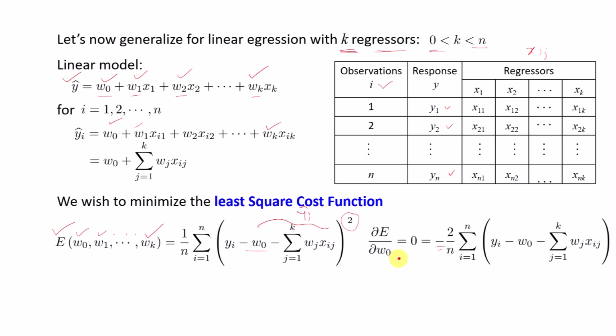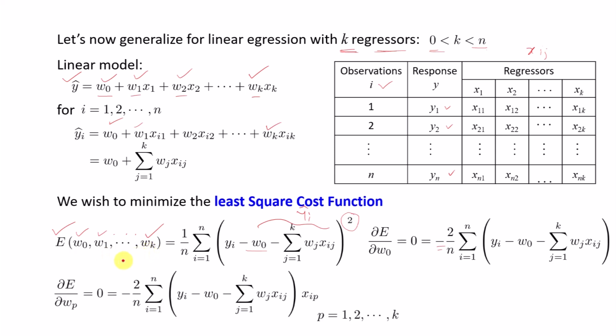Similarly, I can take the derivative with respect to w1, w2 or wk in general. So let us say I write this as del E del wp, where p goes from 1 to k. And what will happen here is that minus 2 by n will come here. Whatever there is within the first bracket will come here.